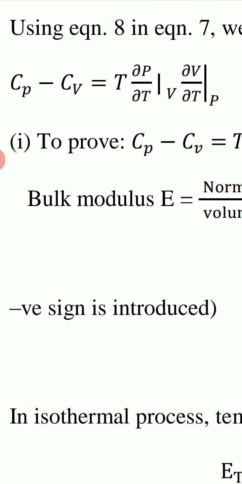We already proved that Cp minus Cv equals T delta P upon delta T at constant V into delta V upon delta T at constant P.